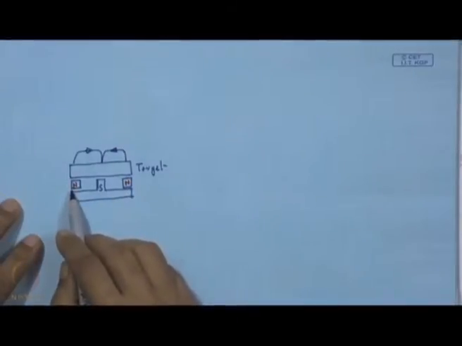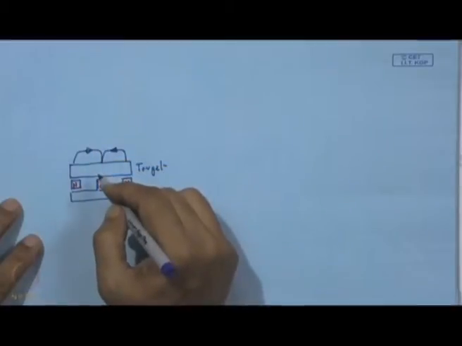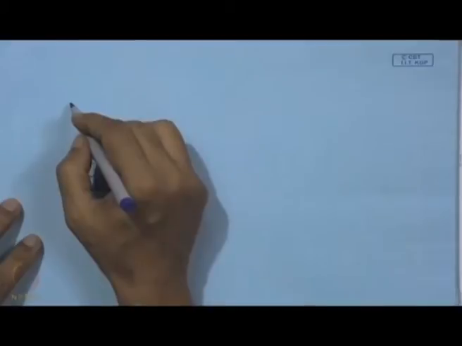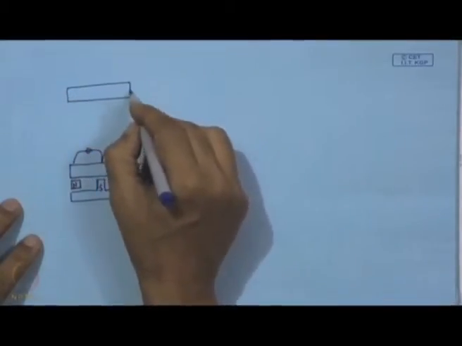So, this north pole and south pole are of the same field strength. If this is the target, above it there should be one substrate.